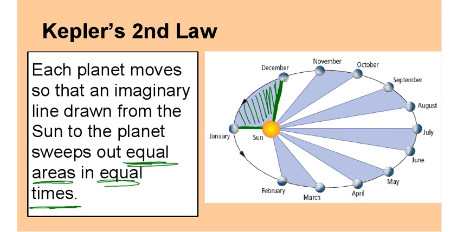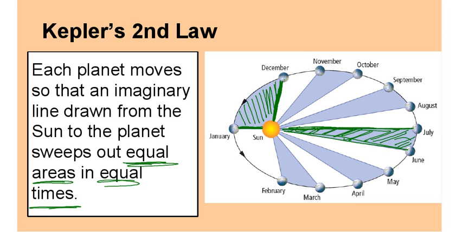And Kepler worked out here that if you do that at the same time interval, over here I could go from June to July, right? And assuming that that's the same number of days, hours, minutes, seconds, whatever, then these two would have exactly the same area if you calculated them. And that's an astounding thing. The implication of that is that we're not always traveling the same speed.